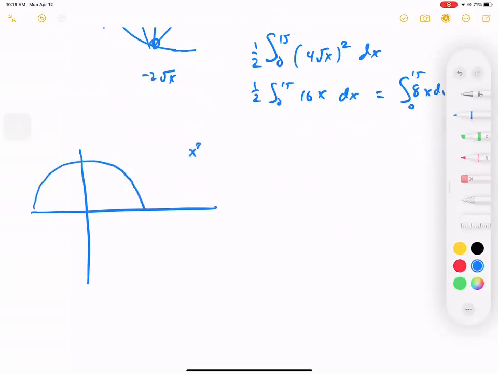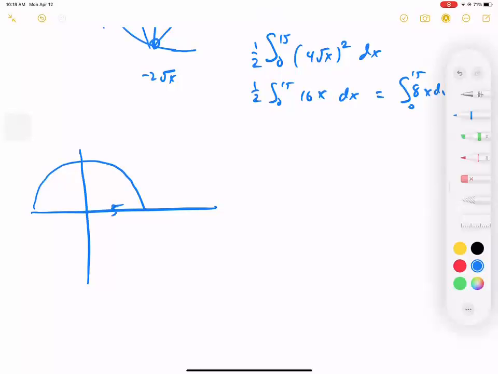If you see x squared plus y squared equals r squared, what they gave you was the square root form, y equals the square root of r squared minus x squared, right? So these are circles with a radius of 5.